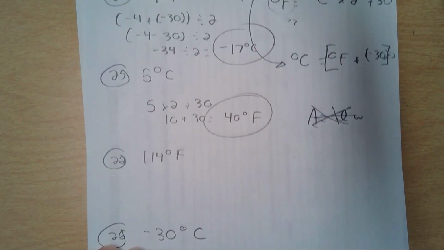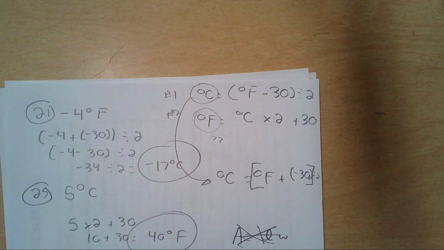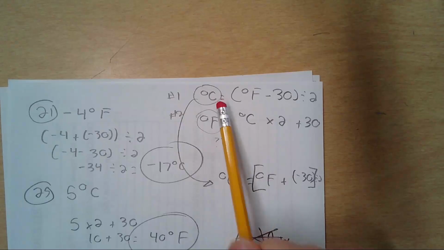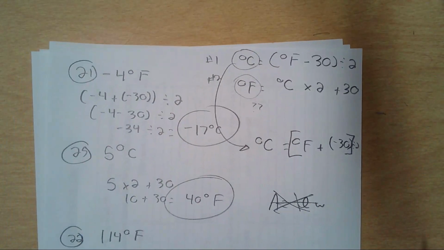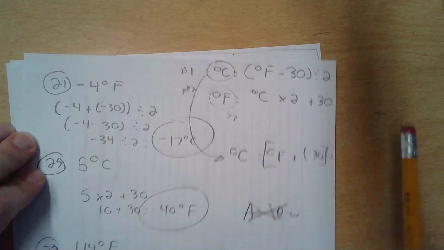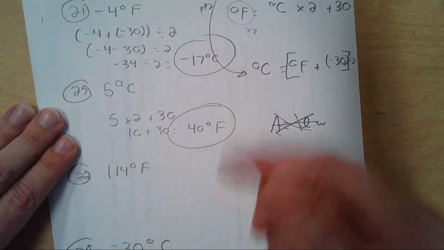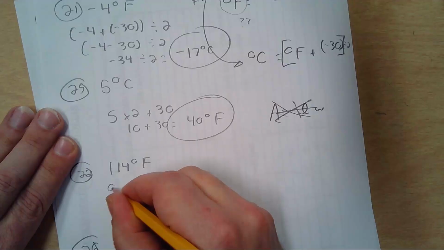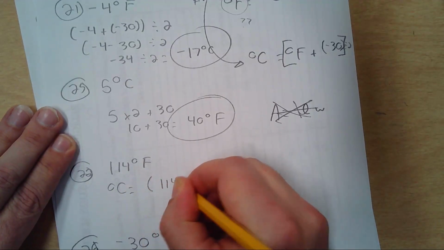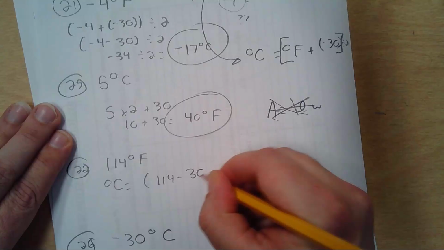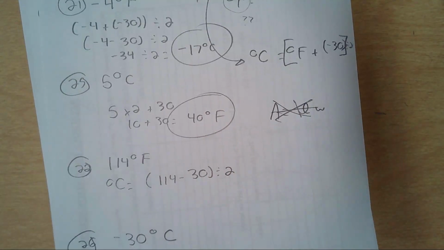Good. 22. Dom, which formula are we using, number 1 or number 2? Number 1. And that was three boys in a row. So plug it in here. Number 1 is correct, degrees Celsius. So 114, there's my F, minus 30, divided by 2.